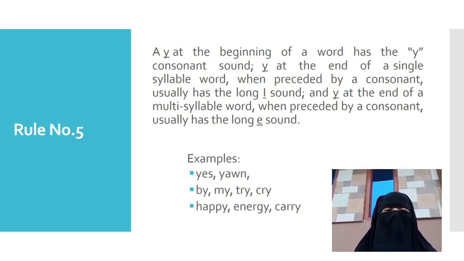The last part of rule number 5 is when Y is at the end of a multi-syllable word, when preceded by a consonant, it usually has the long E sound. Earlier, the sound was a long I, and now it is a long E. For example, energy, happy, carry.